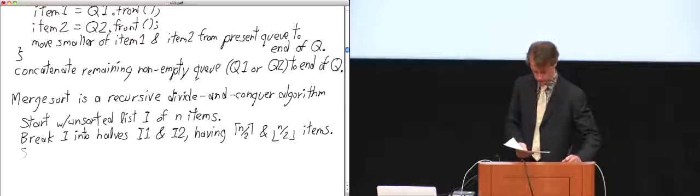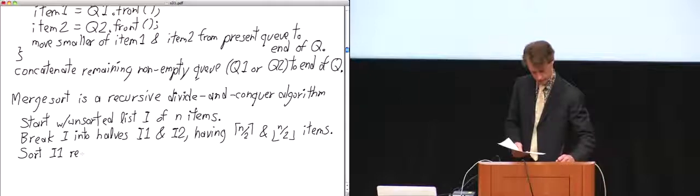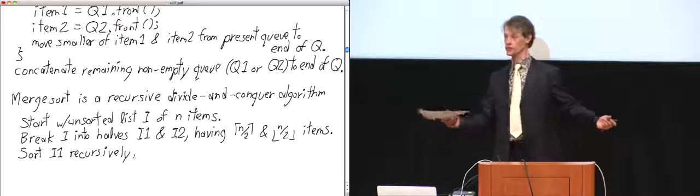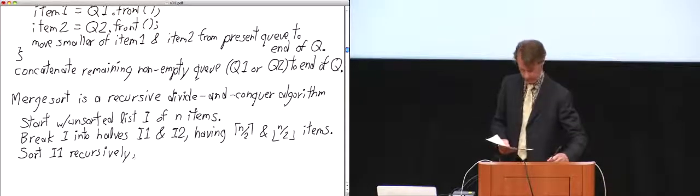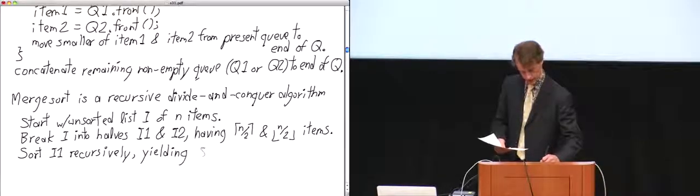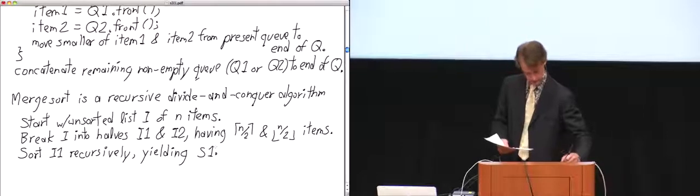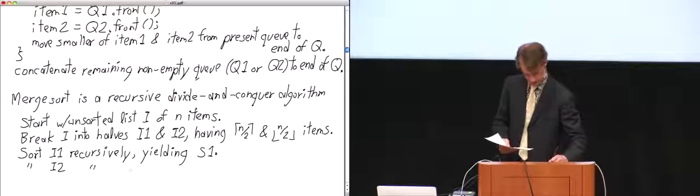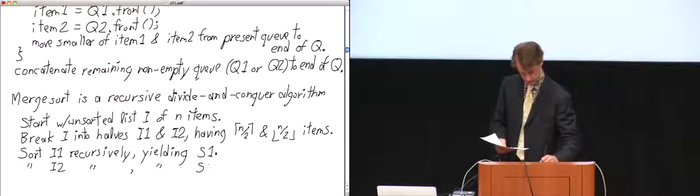Then we're going to sort I1 recursively with merge sort. Let's just assume that merge sort works. So after you sort it recursively, you get back a sorted list of the same items, which we will call S1. And then we sort I2 recursively, yielding a sorted list that we will call S2.